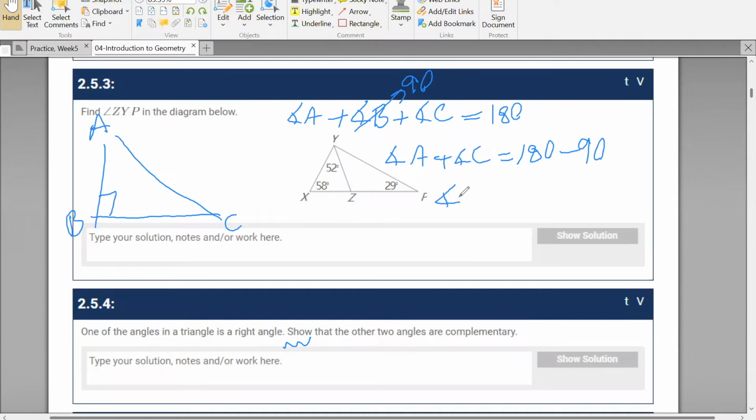Therefore, angle A plus C is going to be 90 degrees. And that's the definition of complementary. This is the proof. Okay, there are different kinds of proof that we do, but this is one of them.